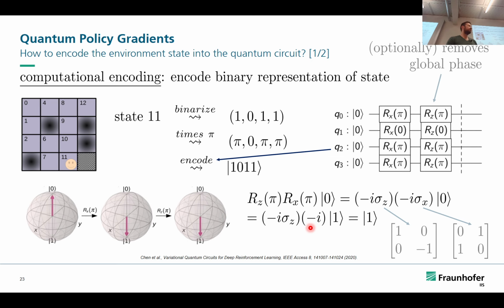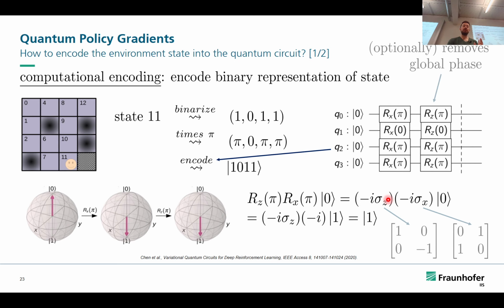It's not too important for today, and in principle it's not relevant, because this global phase doesn't matter for this algorithm, but in some other cases it might. So typically you want to remove this global phase, and to do that we can just apply another rotation about the z-axis, and then we get rid of the global phase and have the qubit encoded in the 1 state.